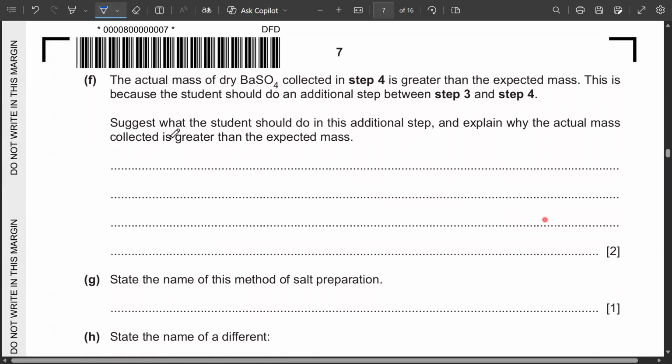So in 3F, we will write: rinse the precipitate, or the residue that is containing the barium sulfate.